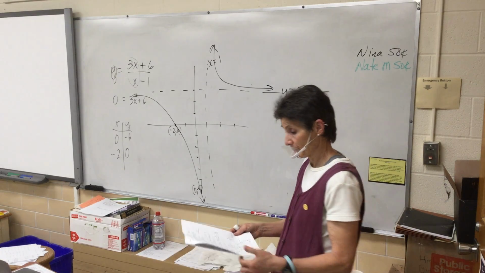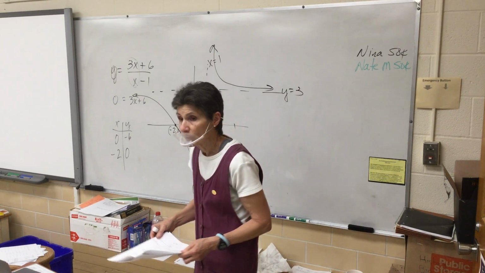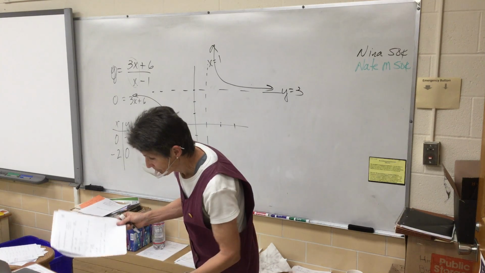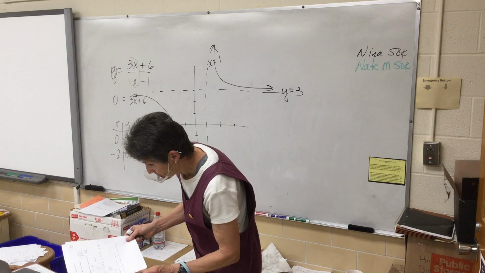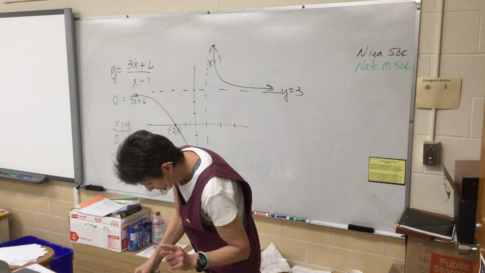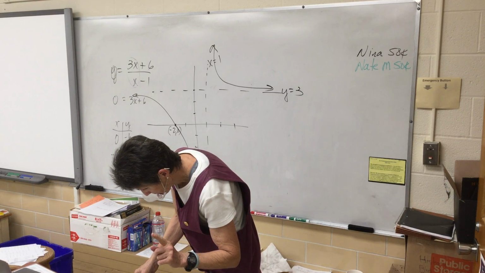Jacob, one more. For number 4, we do a B, on the review tab. Okay, which page? Page 3? Which one? 4B.